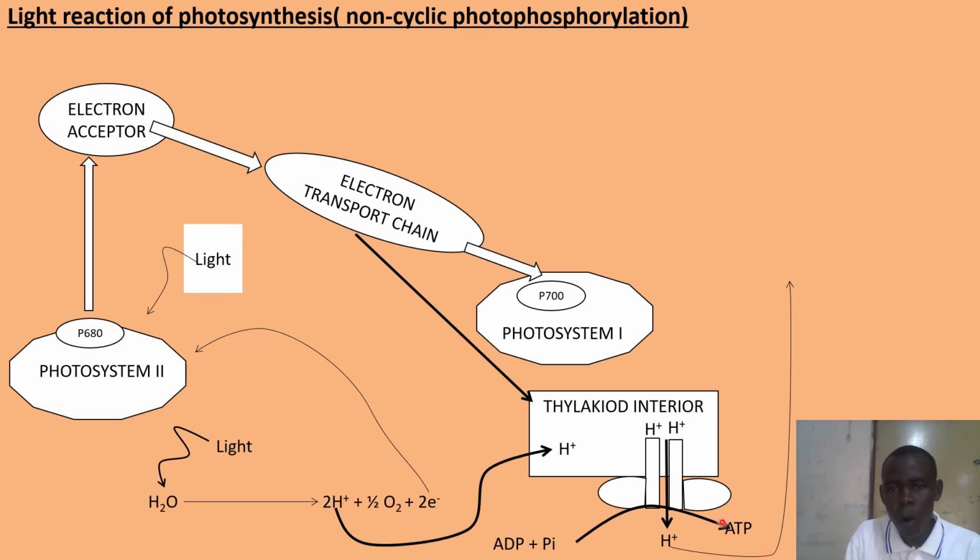This is what we call photophosphorylation: the addition of an inorganic phosphate to ADP to form ATP by using energy from light, in this case sunlight. The ATP produced is made available to the light-independent stage of photosynthesis, as we shall discuss in our next lesson.